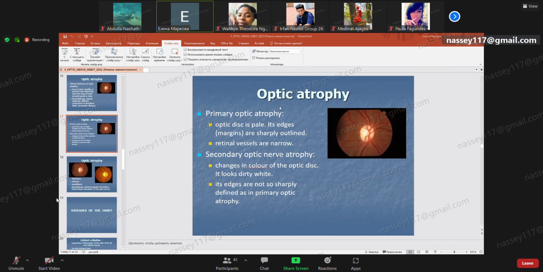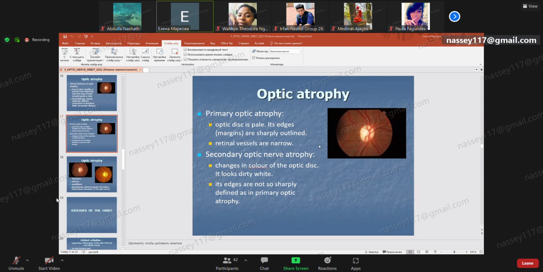Common causes of primary optic atrophy are multiple sclerosis, intracranial tumors pressing directly on the anterior visual pathway, traumatic severance, consecutive optic atrophy, the result of diffuse chorioretinitis, retinal pigmentary dystrophies, occlusion of the central retinal artery, glaucoma, and vascular disorders may also cause optic nerve atrophy.